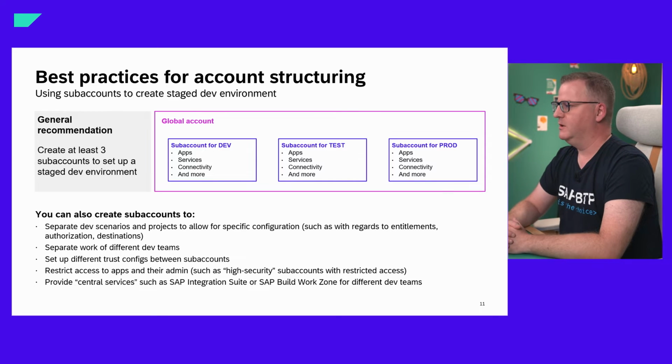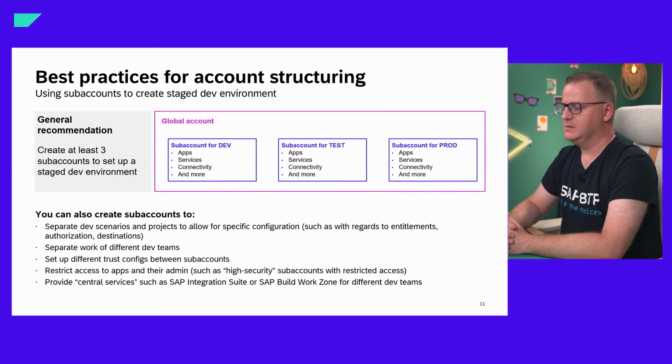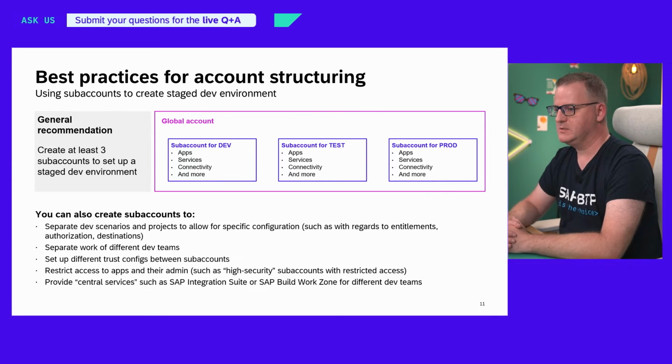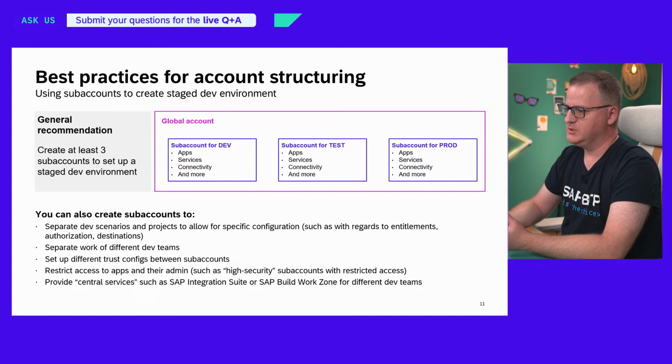And furthermore, you can also use dedicated sub-accounts to run central services, such as the SAP Integration Suite, or SAP Build Work Zone for a central entry point, because there you would integrate many different apps from different sites, from different domains into one user interface or into one integration engine. Right, so these are the different ways that you can separate content and development and applications from different teams.